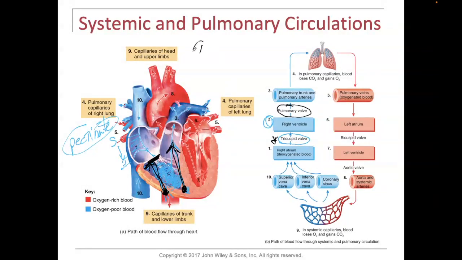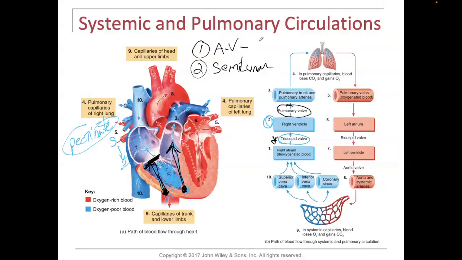So in the heart, we have two types of valves. We have AV valves, atrioventricular valves, meaning they're between the atrium and the ventricles. And then we have semilunar valves.